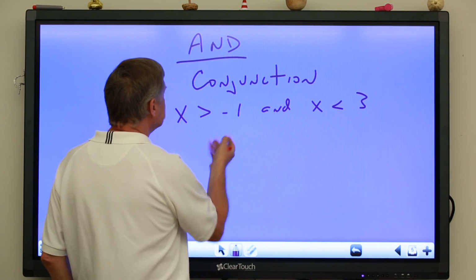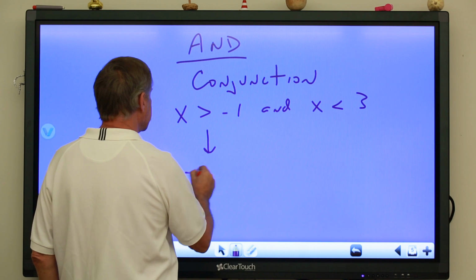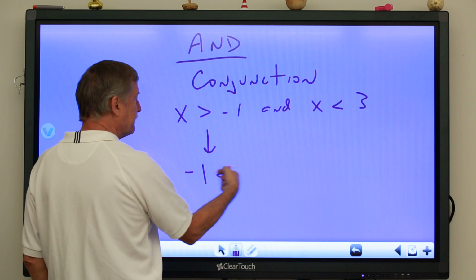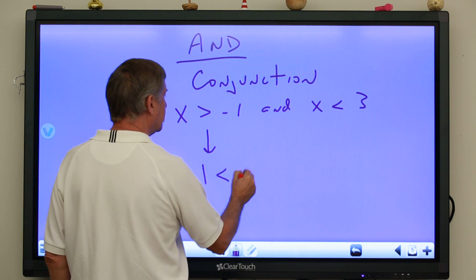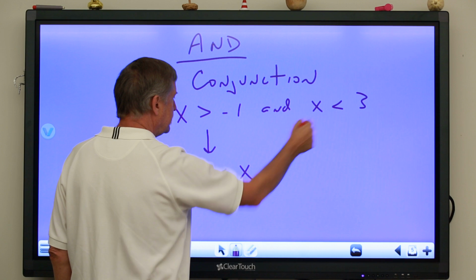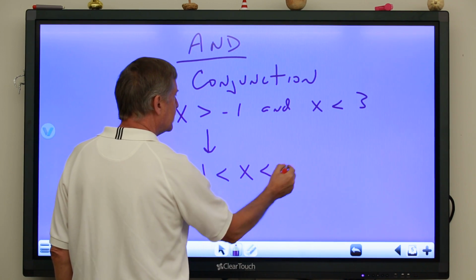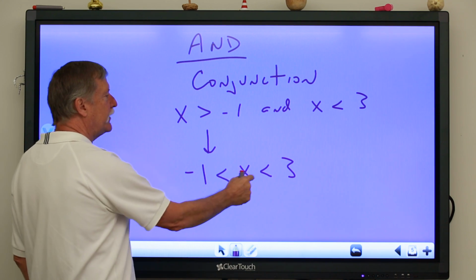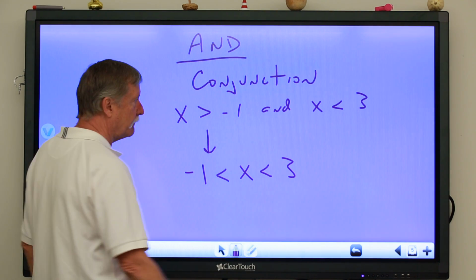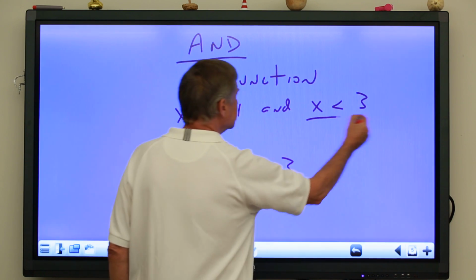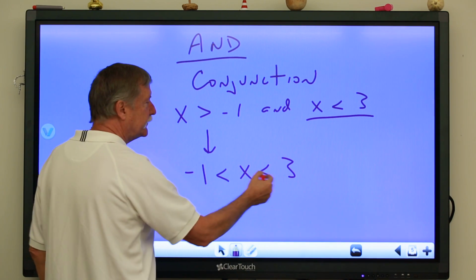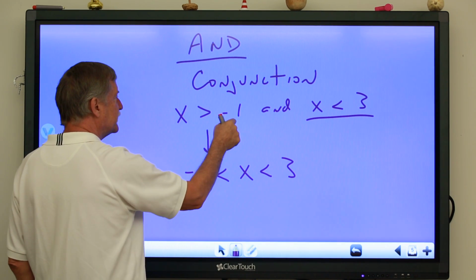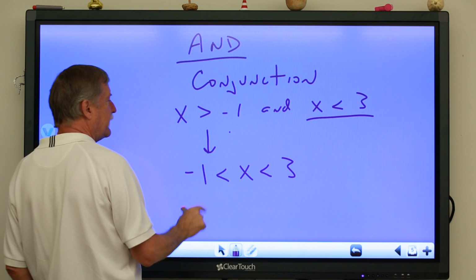We can turn that around and write this as -1, and it's pointing to the -1, so I can flip it, but the sign is still pointing to the -1, and x is less than 3. And you have this arrangement of only one variable but two conditions. Notice that this x is less than 3 is still x is less than 3 right here. x is greater than -1, we have flipped that around.